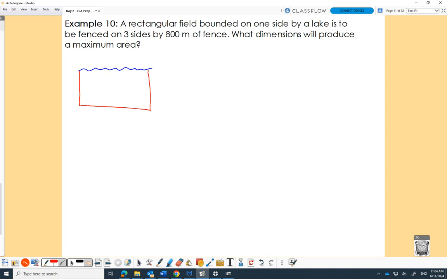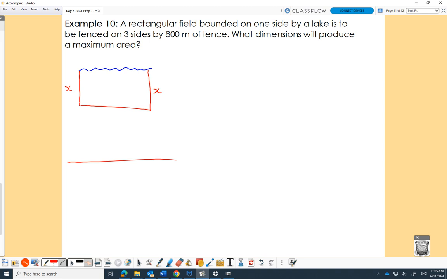I'm going to do this question 2 different ways. The way I taught and the way some people like. The way I taught looks like this. I said, okay, well, if I've got 800 meters of fence and I make this x, then this one over here also has to be x. You could make it y, and I'm going to do that in a second. Some people will like that better. If you don't like what I'm doing here, I'm going to draw a line, and I'm going to do it a different way.